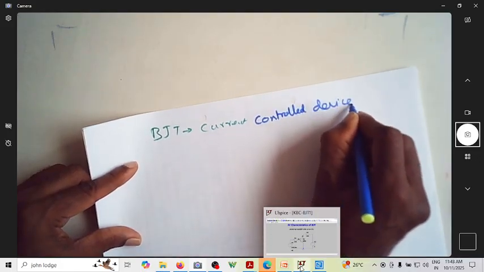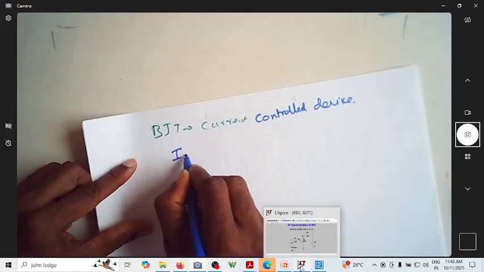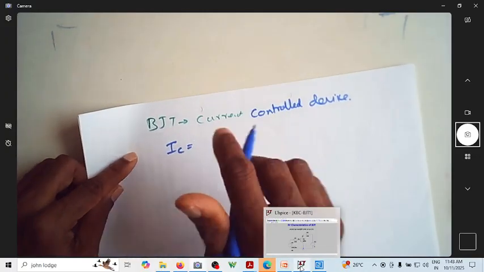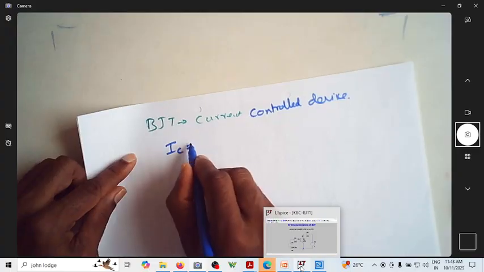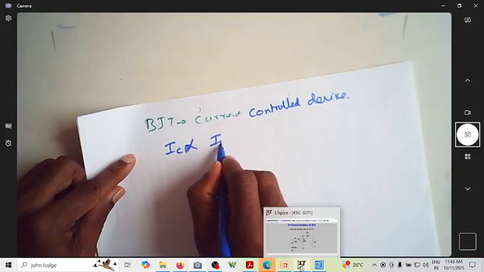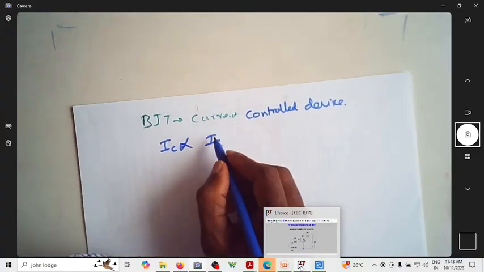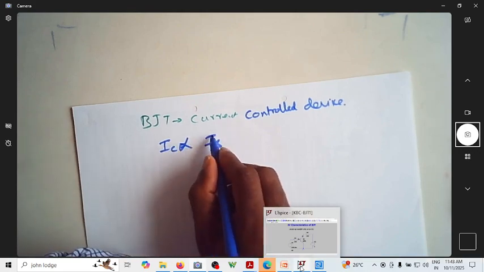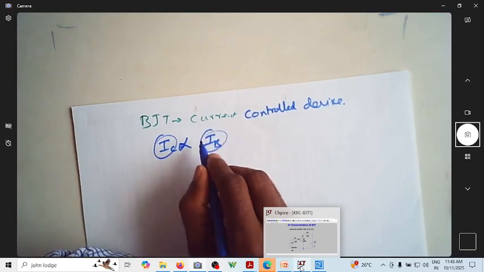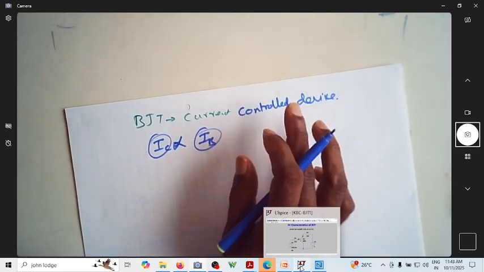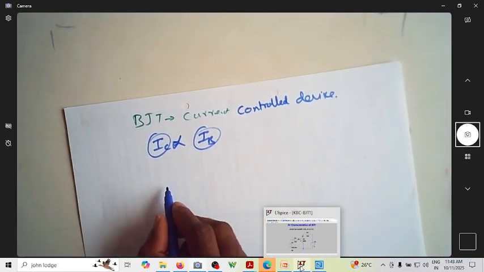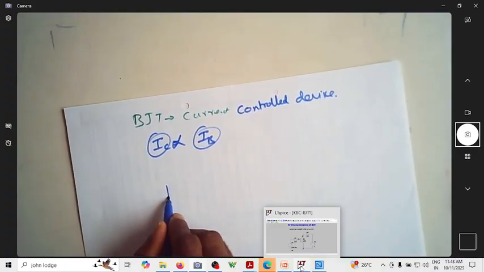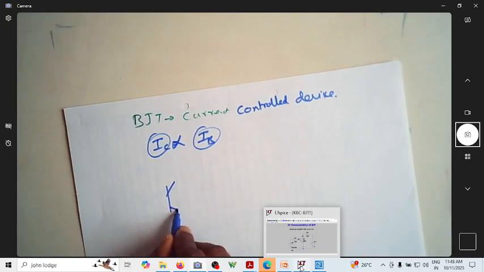Why is it called a current controlled device? Whatever IC that you are having in your collector is proportional to IB, that is the base current. Since the collector current is controlled with the base current, it is called a current controlled device. So let us try to get the IV characteristics from the simulation.